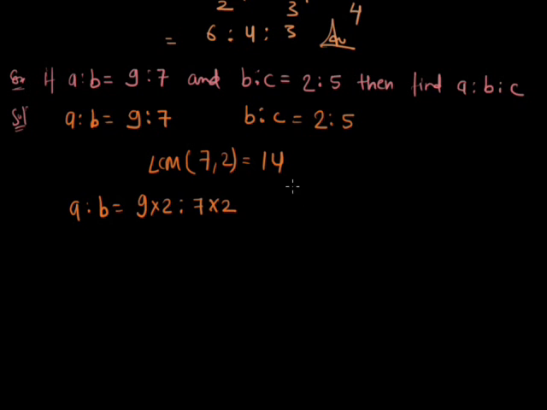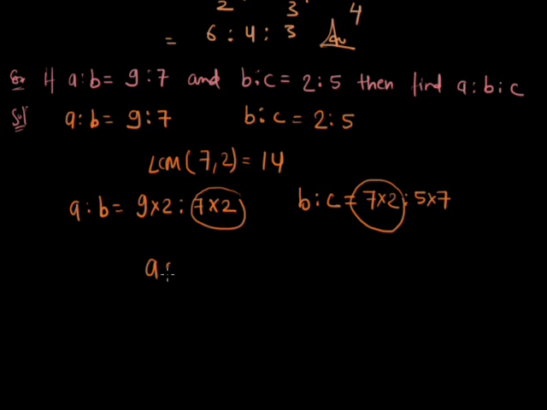The ratio will remain unchanged. Similarly, for 2 is to 5, we have to make the 2 into 14, so we will multiply by 7: 2 into 7 is 14, 5 into 7 is 35. Now B is similar in these two terms, 14 and 14. So we can say A is to B is to C is equal to 9 into 2, 18, is to 7 into 2, 14, is to 5 into 7, 35. So this is the answer.